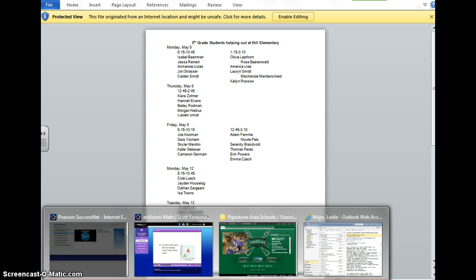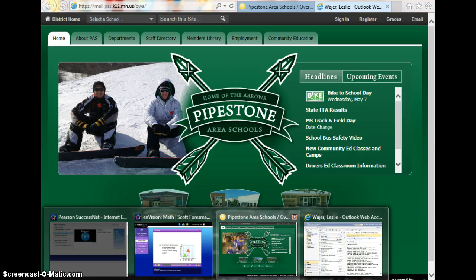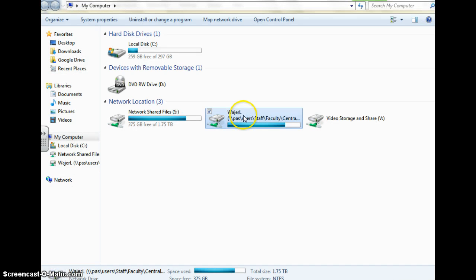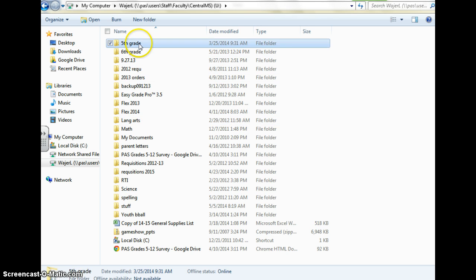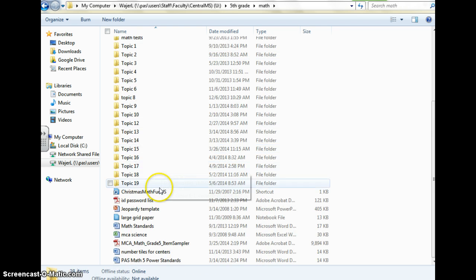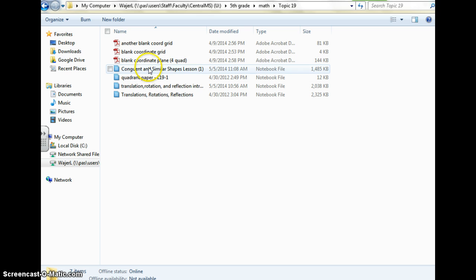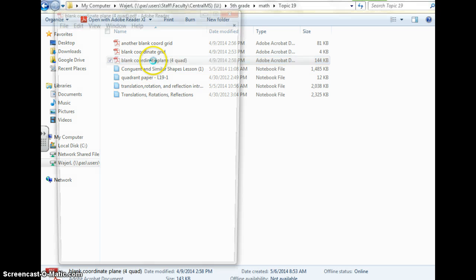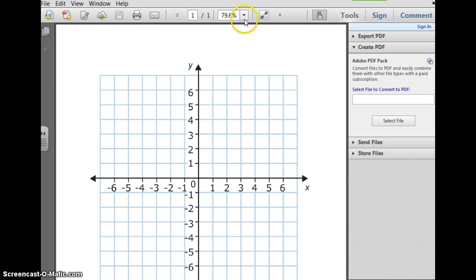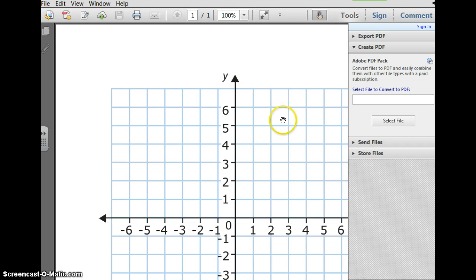To that 4-quadrant grid. Should look like this. Yep, open it in Notability.